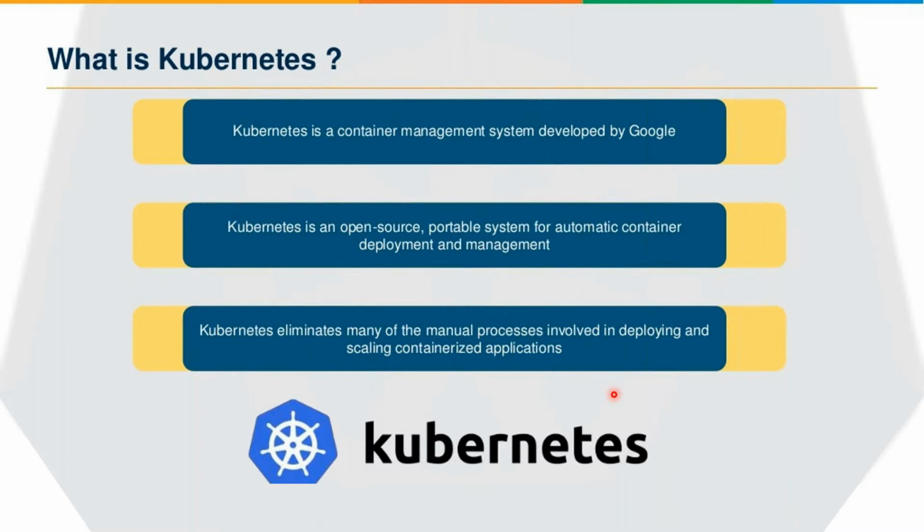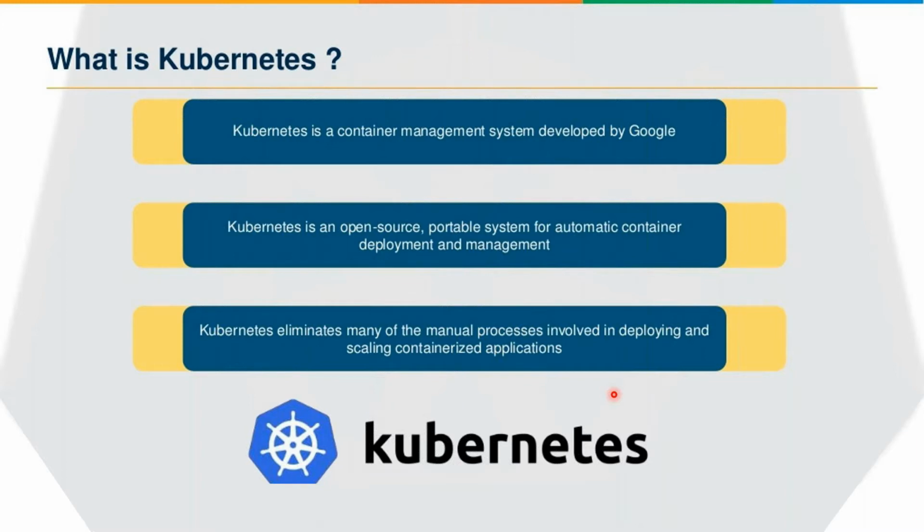When Kubernetes came into the market, the manual processes we were performing in real time are eliminated. When the project team integrated Kubernetes, we can automate all the activities involved in deploying and scaling containerized applications.